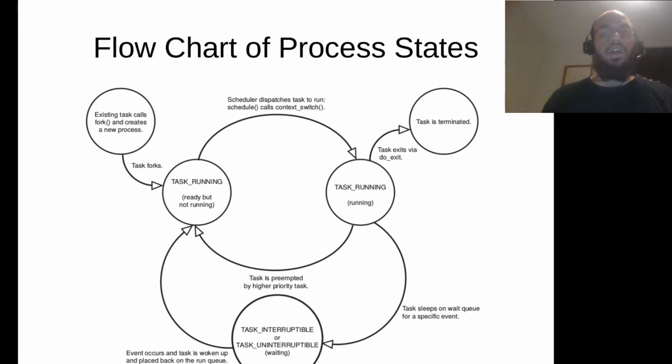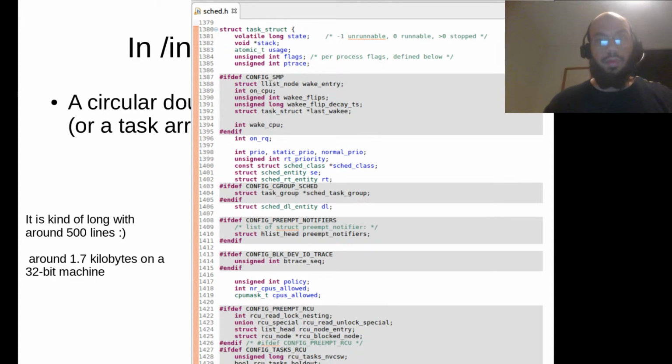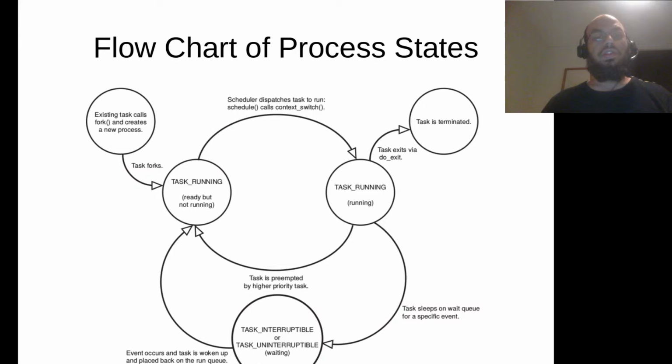Everything here in capital letters is a flag that stores the state of your task. By setting the task running state to something, like, if you remember, we had the state as unrunnable, runnable, or stopped, for example, it says whether the task is runnable, unrunnable, or stopped.